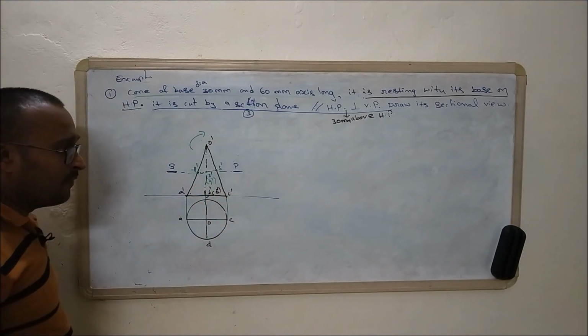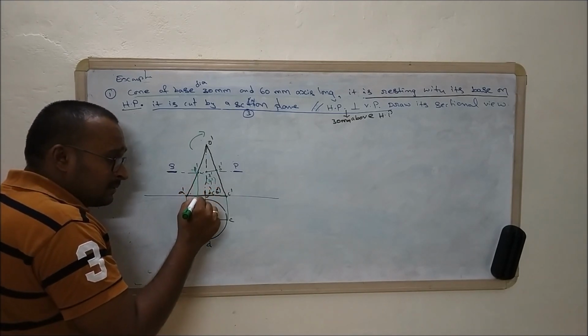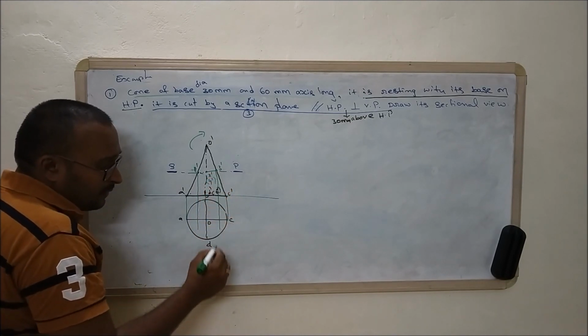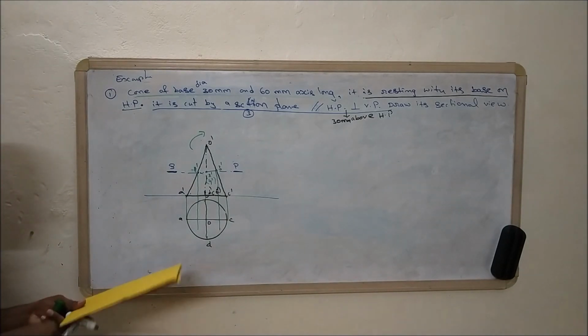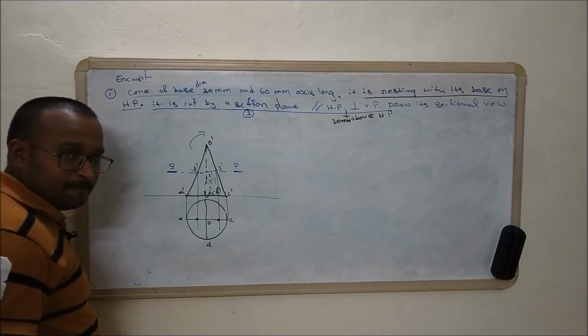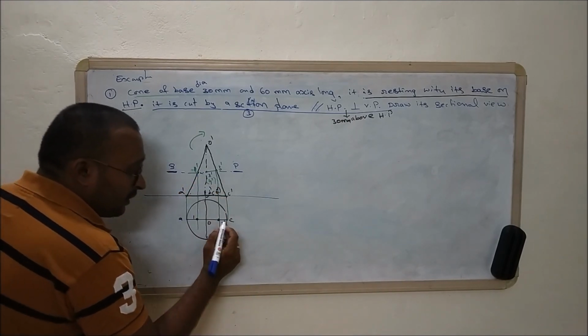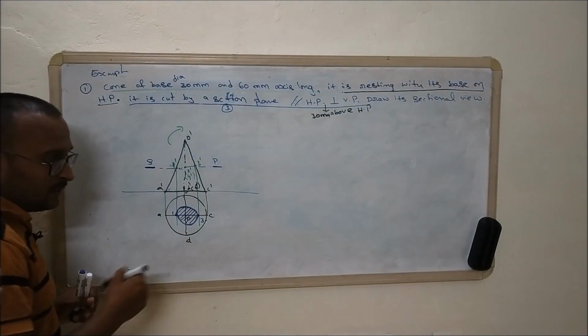This is the way we get it, and then project these points downwards. Wherever it is cut, here is the cut portion. Here it is 1 and 2, and 1 3, the sectional view of the given problem.